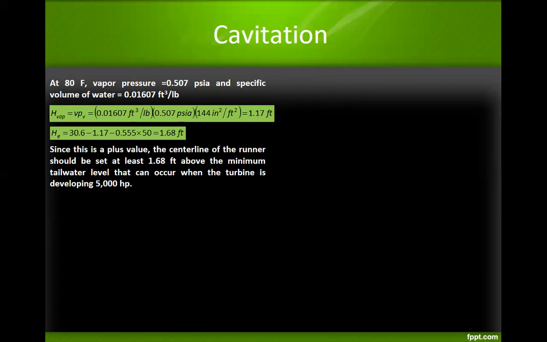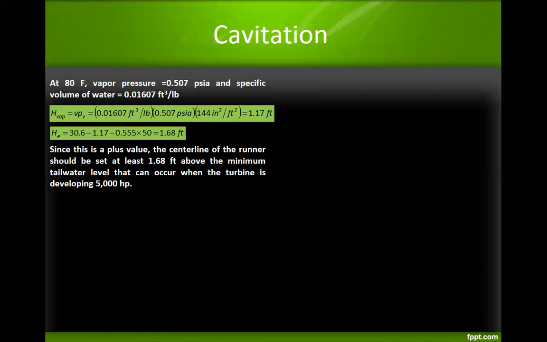We also took the specific volume of water, because we are dealing with water, so that you can get the head of water. So the vapor head H sub V is equal to 0.01607 cubic feet per pound times 0.507 psi times 144 square inches per square foot, which is 1.17 feet. So, H sub s is equal to 30.6 minus 1.17 minus 0.555 times 50, which is 1.68 feet.